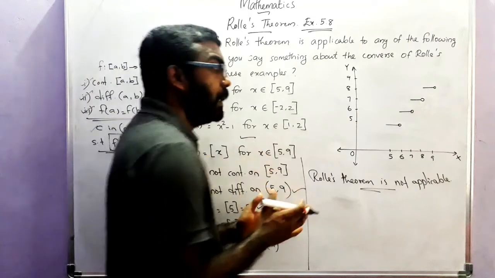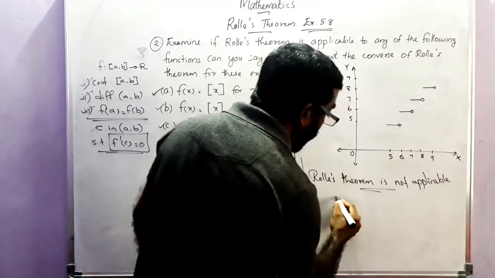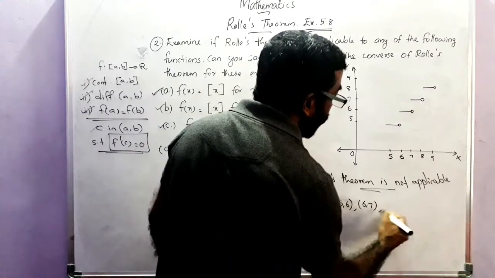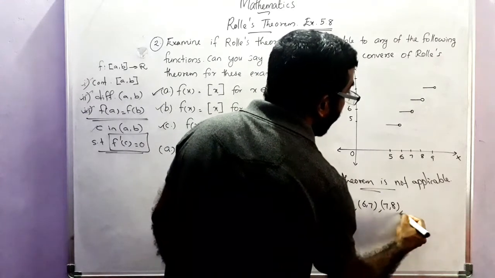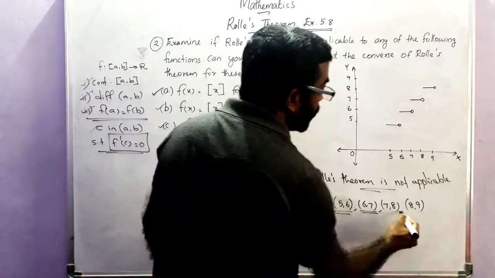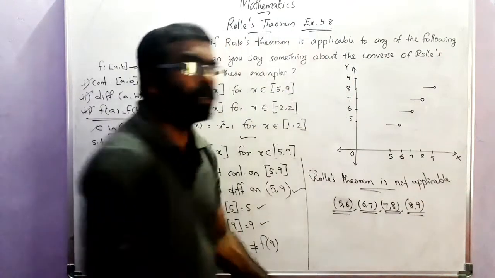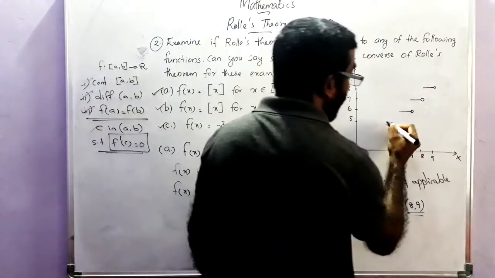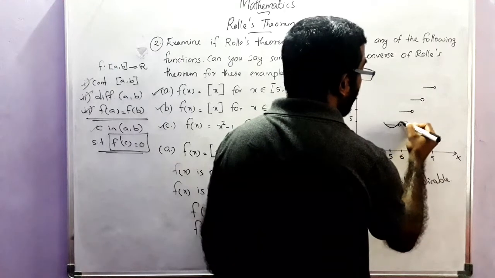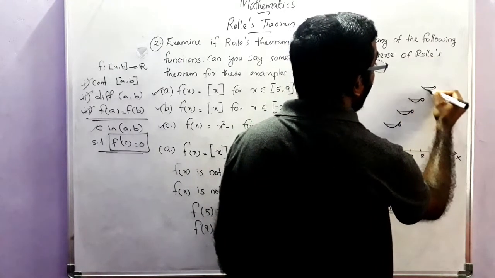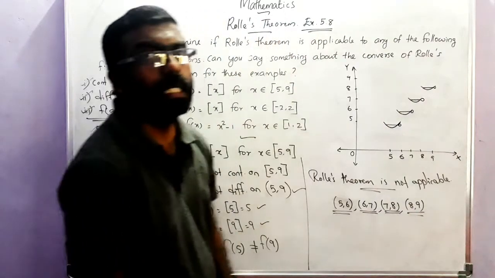If we consider the intervals separately, that is open interval 5, 6, open interval 6, 7, open interval 7, 8, open interval 8, 9, in all these intervals, we can say that the function is differentiable. Consider this span, this one.